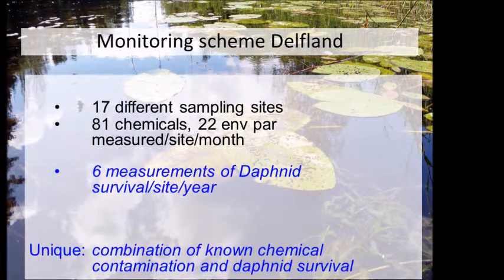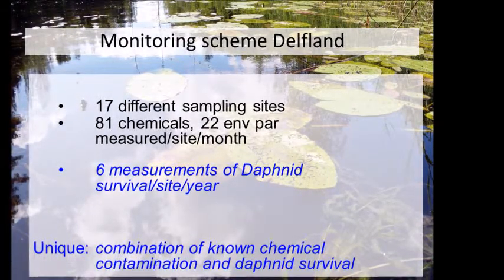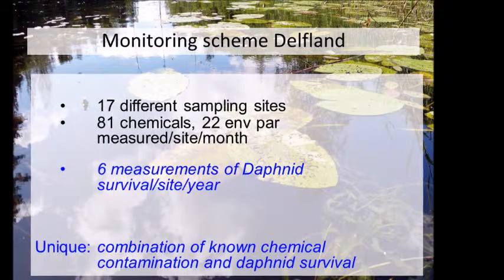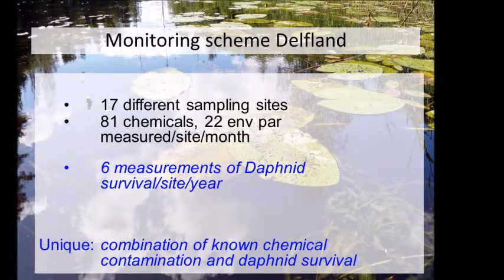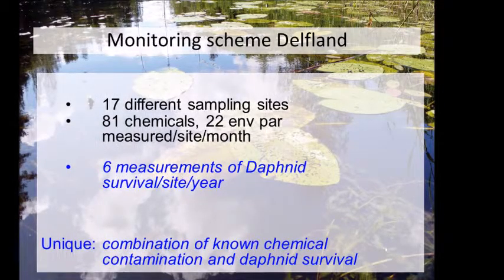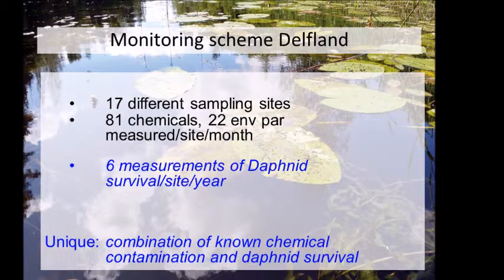So they have a number of different sampling sites throughout this area. The general idea is to start with clean water and follow the pollution, and at some point it will be somebody else's problem, and that's where they stop measuring.